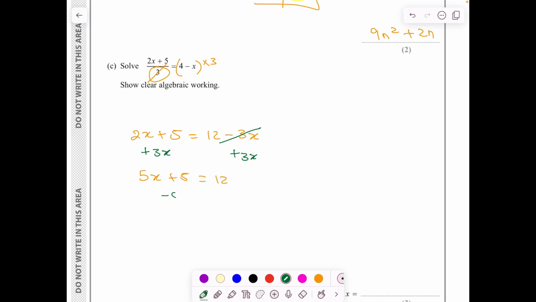And then I subtract 5 from both sides to get rid of the plus 5 there, and that gives me 5x equals 7, and then I divide both sides by 5 to give me x equals 7 over 5, or if you wrote it as 1.4, that is also fine as well. And they did allow you to have that.